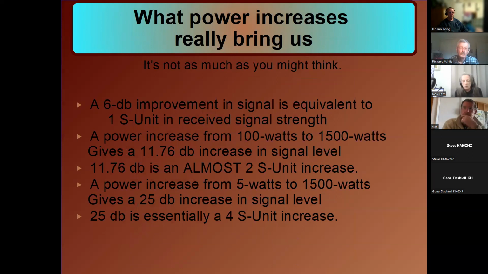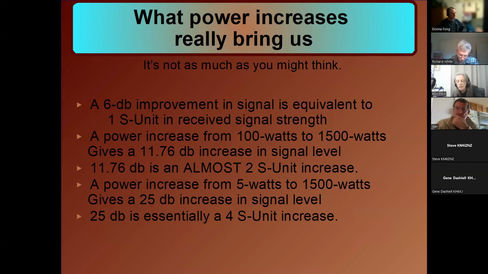Taking your 100 watt transmitter and running it into one of your big amplifiers will give you almost a 2 S unit improvement. Increasing your power from 5 watts to 1500 will give you a 4 S unit increase.